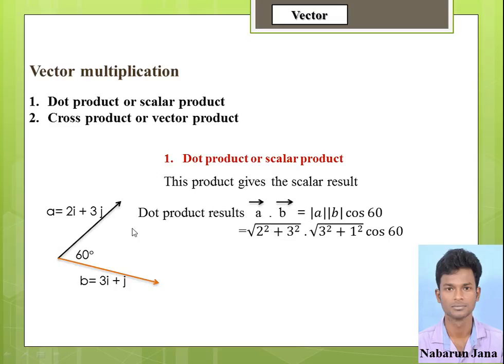Here it is 60 degrees. This is the formula, please write it in your copy: vector a dot vector b means modulus of a into modulus of b into cos of the angle between them.